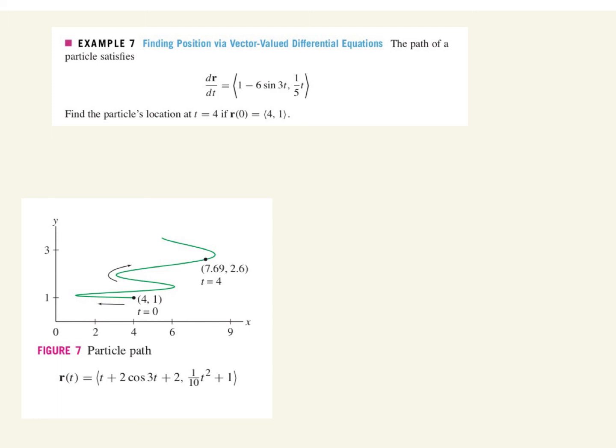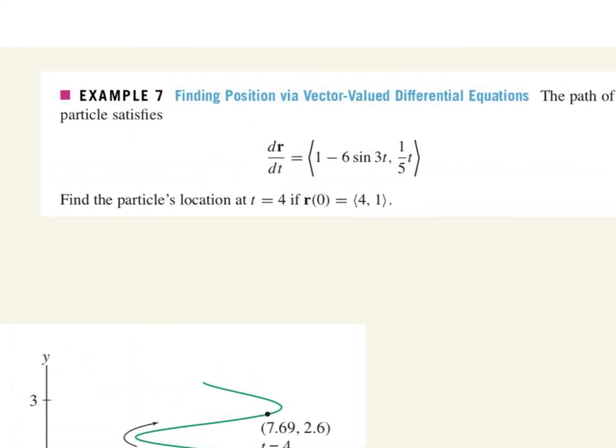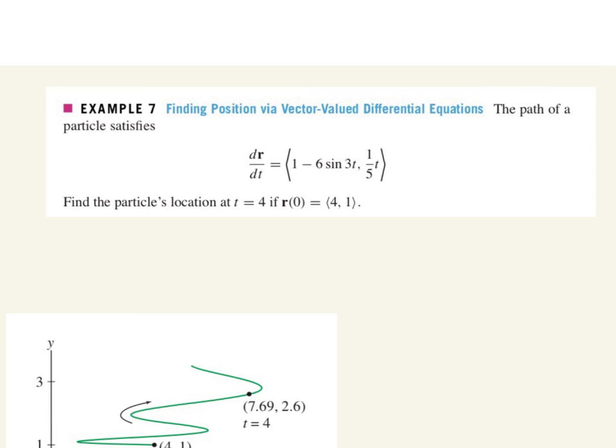So the formula says dr over dt is equal to 1 minus 6 sine of 3t, comma, 1/5 t. We are looking for the location at 4 if r of 0 equals 4, 1.